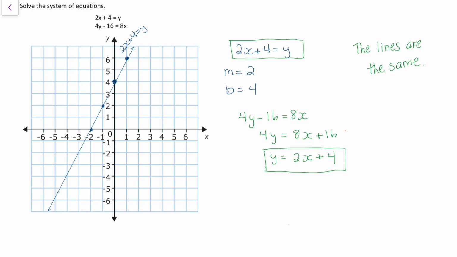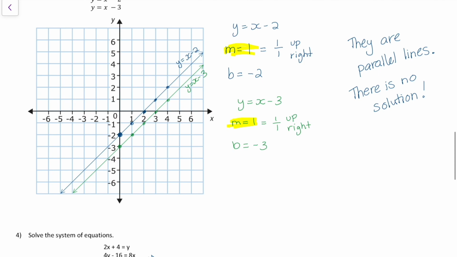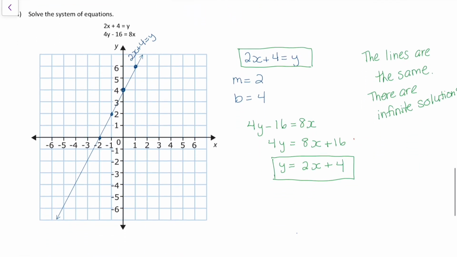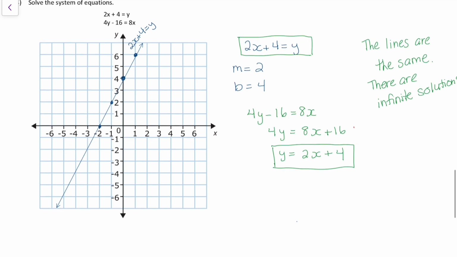So we say there are infinite solutions. Okay, so if they're parallel and they never cross, there's no solution. But if they're the same line, they overlap, that means we have an infinite number of solutions because every x and y that works in one will work in the other.